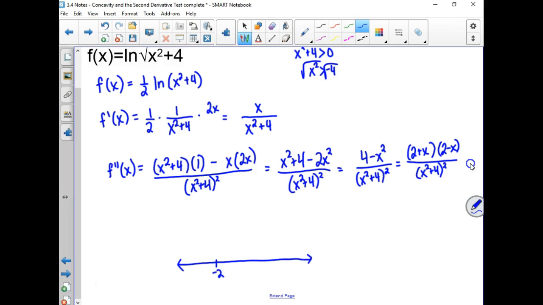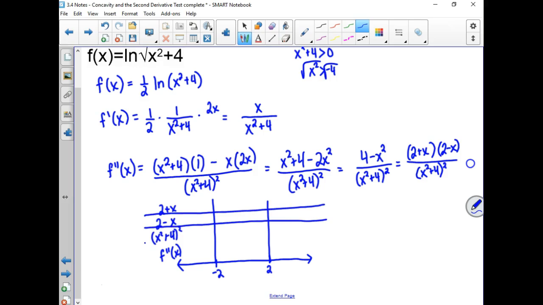So negative 2, 2. So we'll have 2 plus x, 2 minus x. I'm going to write x squared plus 4 squared, but we just decided that is always positive, so fill those in. If you left it off, it wouldn't hurt, but it's not a bad idea. Just always put it there so you're not in the habit of leaving something off that might affect it.